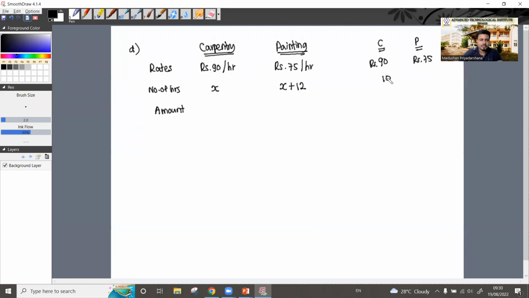Instead of x, I substitute 10 here. For example, 10 hours worked in the carpentry department. If it is 10 hours in the carpentry department, how many hours in the painting department? 12 more than this. That means 22 hours. So how can we find the total amount to be paid to the carpentry department here?